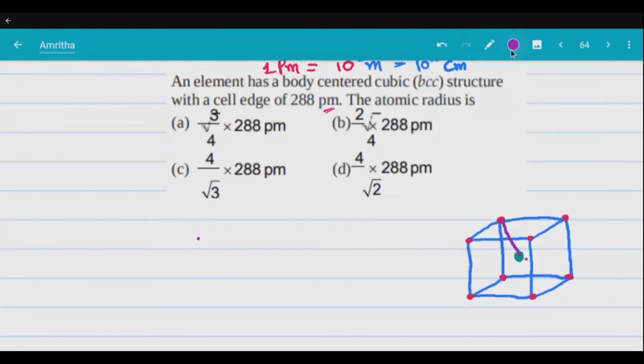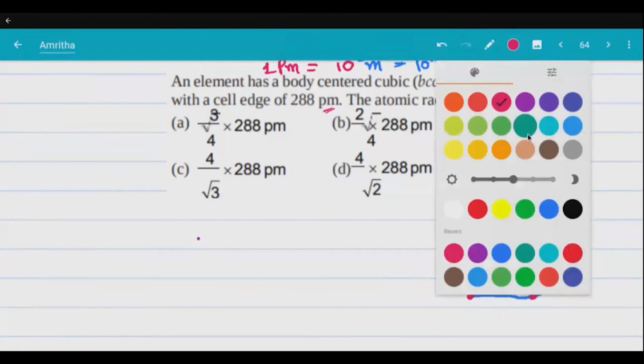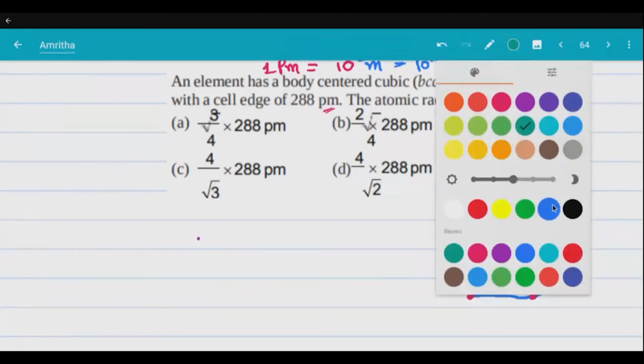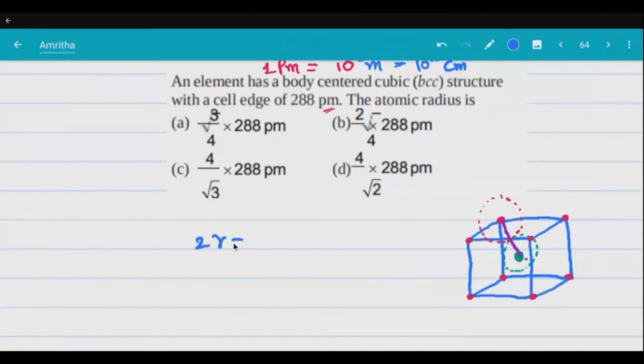So I'll draw an atom, and this is again an atom at the center. These are identical atoms. So you can write 2r, both are touching. 2r is equal to root 3a by 2, half of the body diagonal.